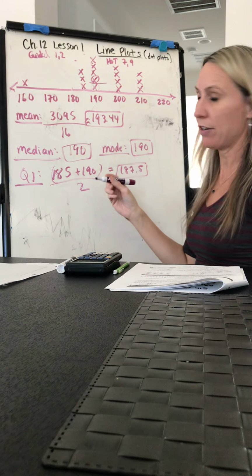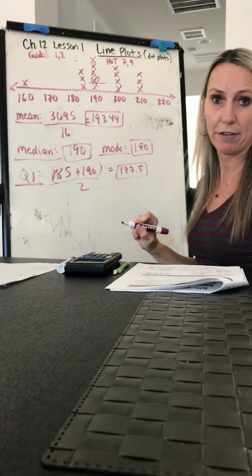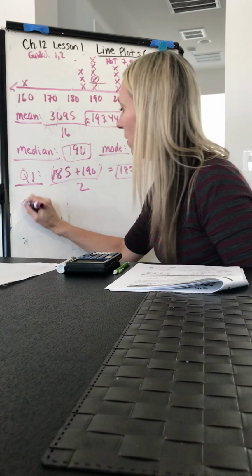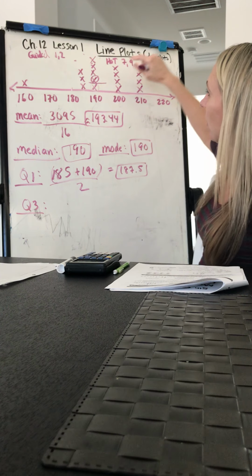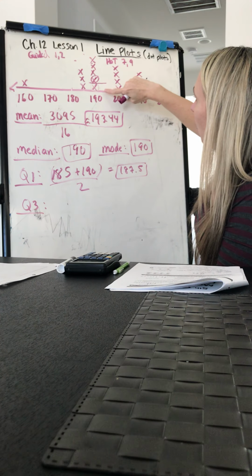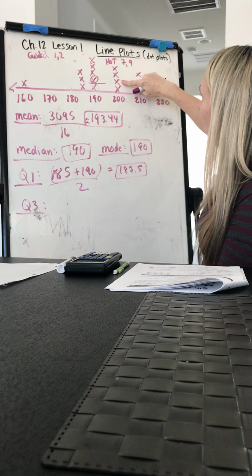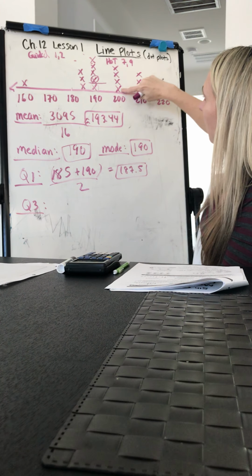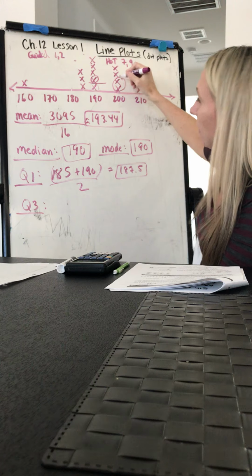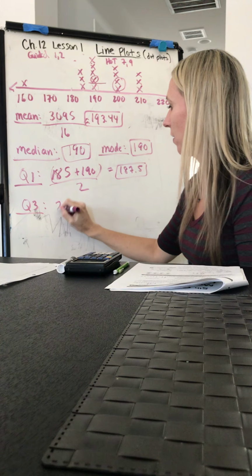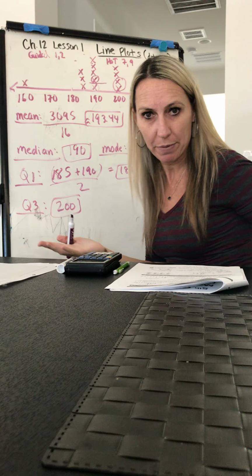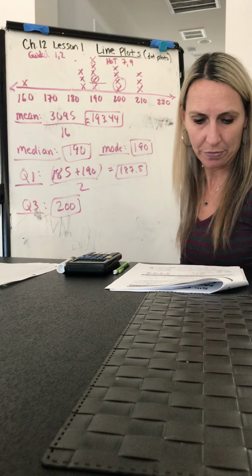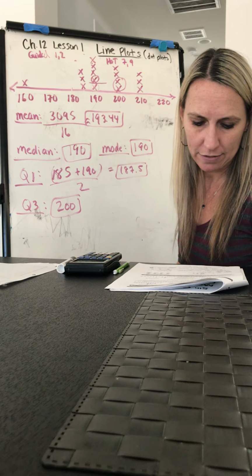Without a calculator, hopefully you can see the number in between 185 and 190. That's Q1. Then quartile 3, or Q3, we're going to do the same thing over here. We're going to go 1, 2, 3, 4, and then 4 this way. Those guys tie. They're both 200, so it's just going to be 200. When they tie, you add them up and divide by 2, and you will get 200. Okay, so that is quartile 3.